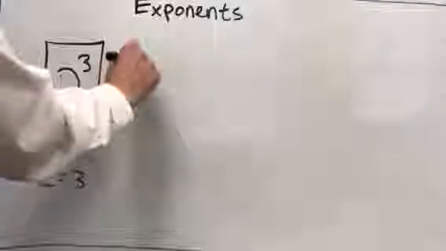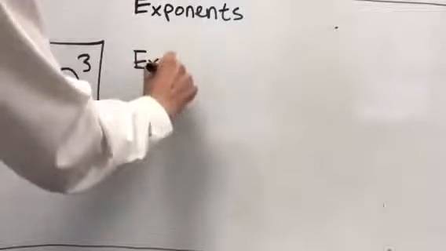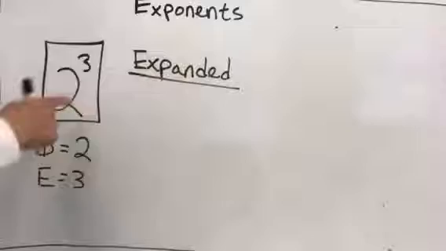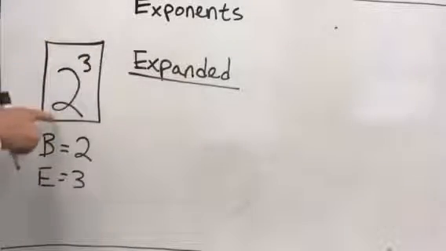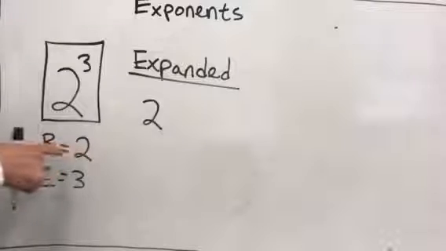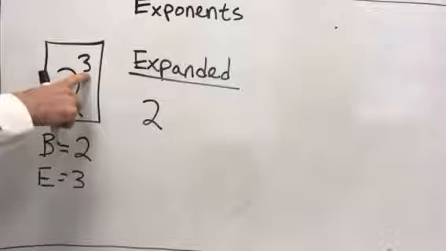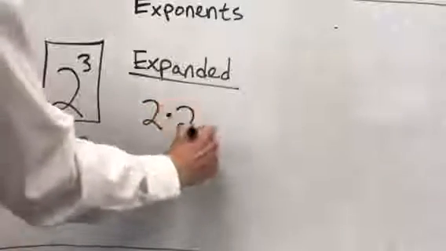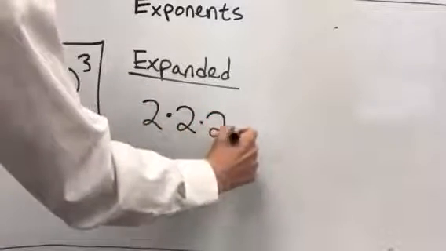Well, let's first write this in expanded notation. If we want to expand what this expression means, we would take the base and we would multiply the base against itself as many times as the exponent tells us to. In this case, 2 needs to be multiplied against itself 3 times in total.